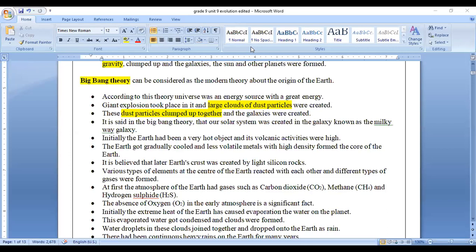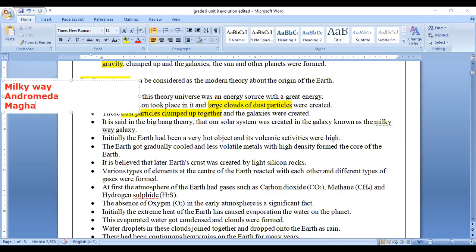Done, sir. Right. So now galaxies are made by the clumping of whom? The dust particles. In that galaxy, there is a galaxy called Milky Way. Milky Way is a galaxy. There is another galaxy called Andromeda. There's another galaxy called Magellan Cloud.